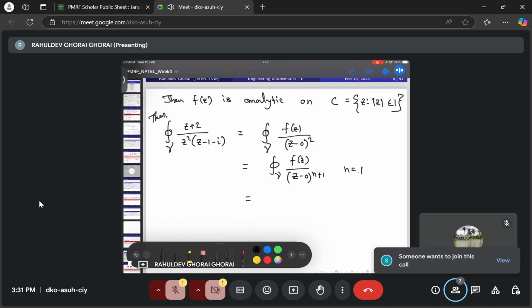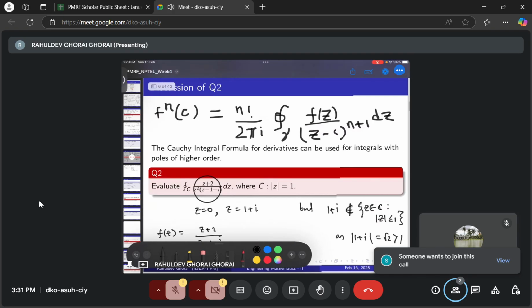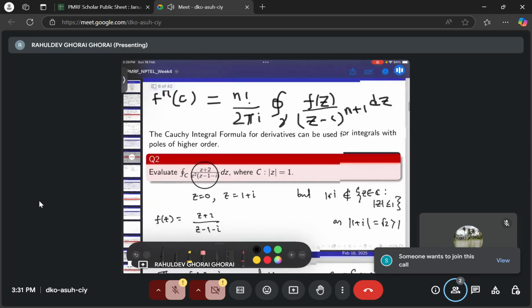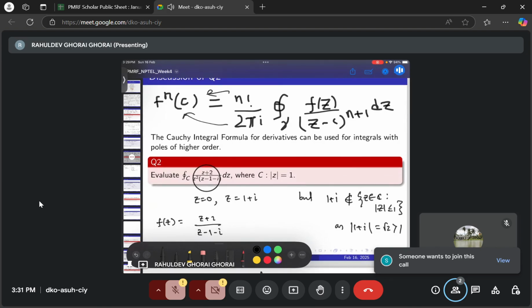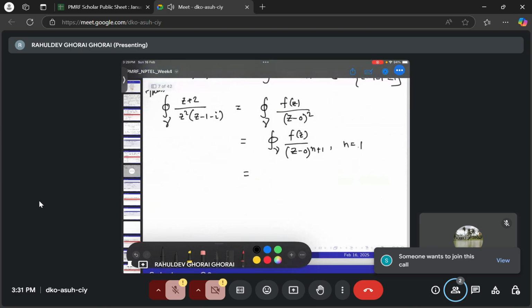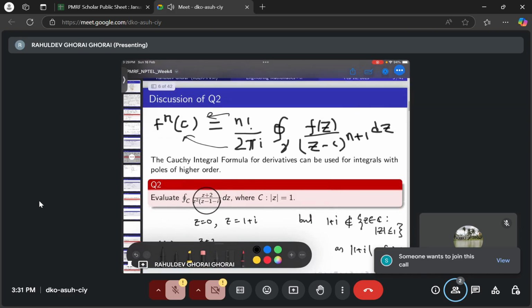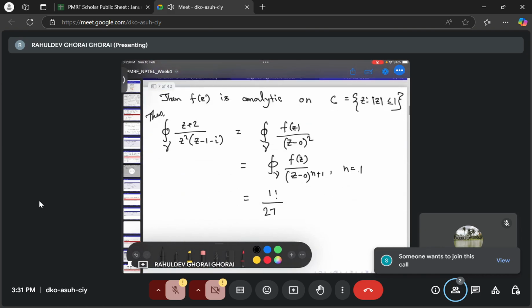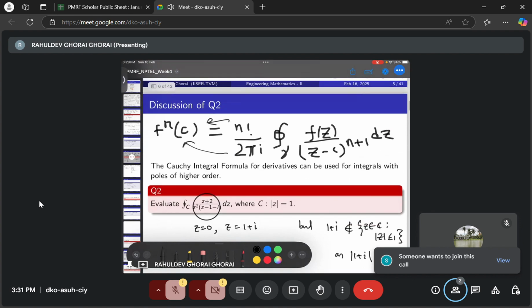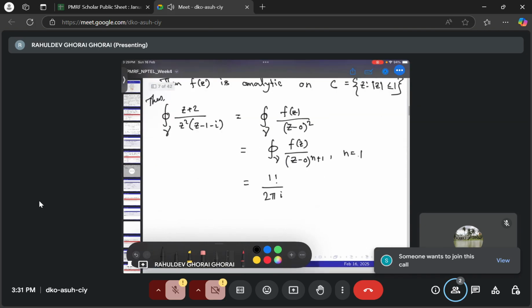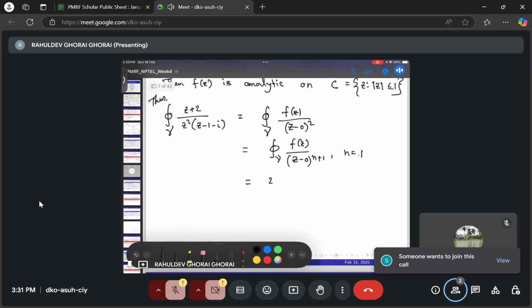Why am I writing it like this? Because I want to make it into this form. So this will go here, this will go here. So n factorial, that is 1 factorial, over 2 pi i times 2 pi i, the inverse, times the first derivative of f.